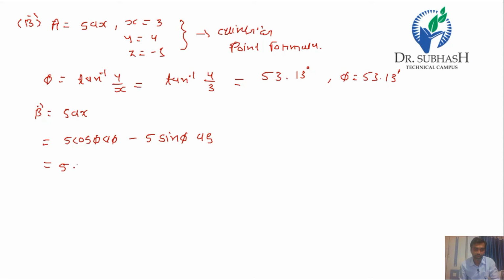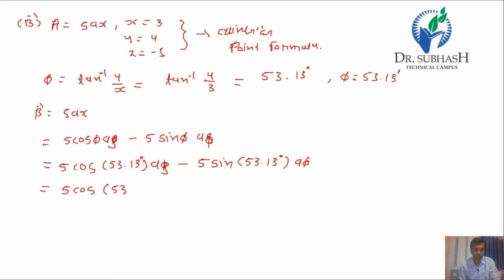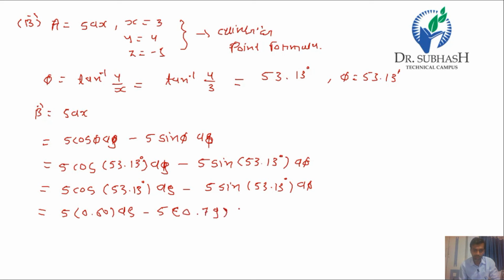So we put the value of φ here: ρ cos 53.13 degrees in the ρ direction minus ρ sin 53.13 degrees in the φ direction. The value of cos 53.13 degrees is 0.60 in the ρ direction, minus ρ, and the value of sin 53.13 is 0.79 in the φ direction.